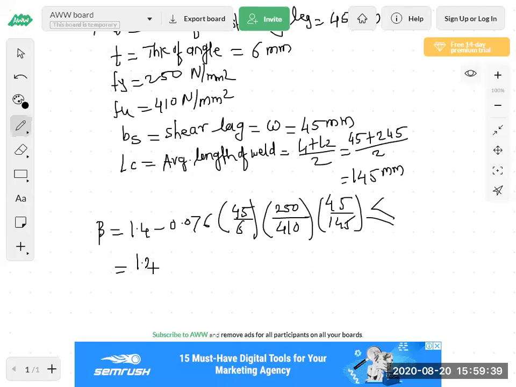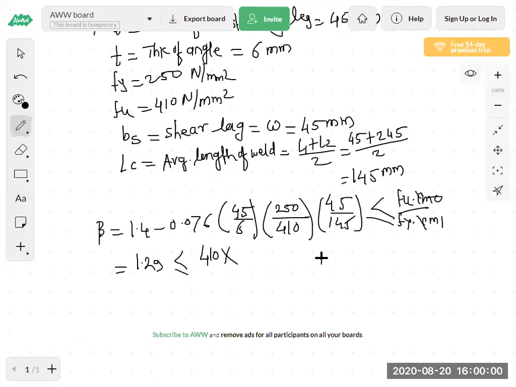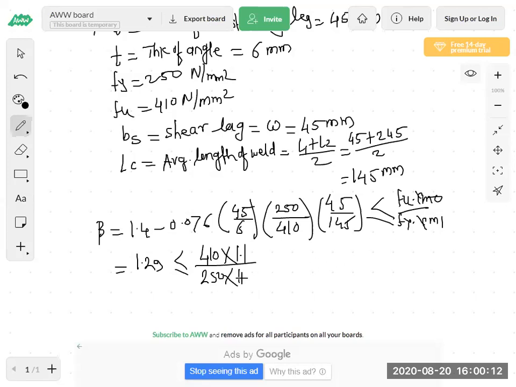1.29. Okay, and it should be less than Fu into gamma m naught divided by Fy into gamma m1. So it should be less than or equal to Fu. Fu is 410. Correct? 410 into gamma m1 is 1.1 divided by Fy is 250 into gamma m naught is 1.25.